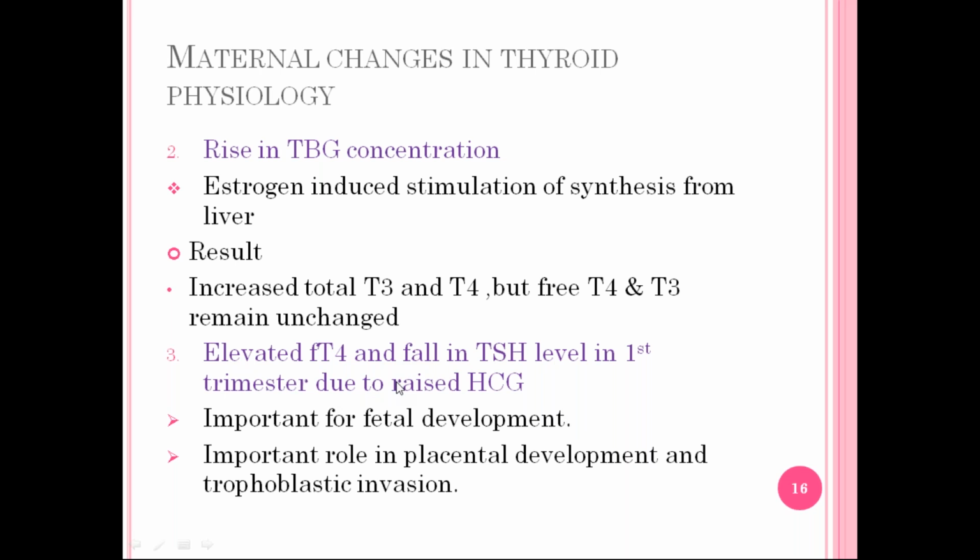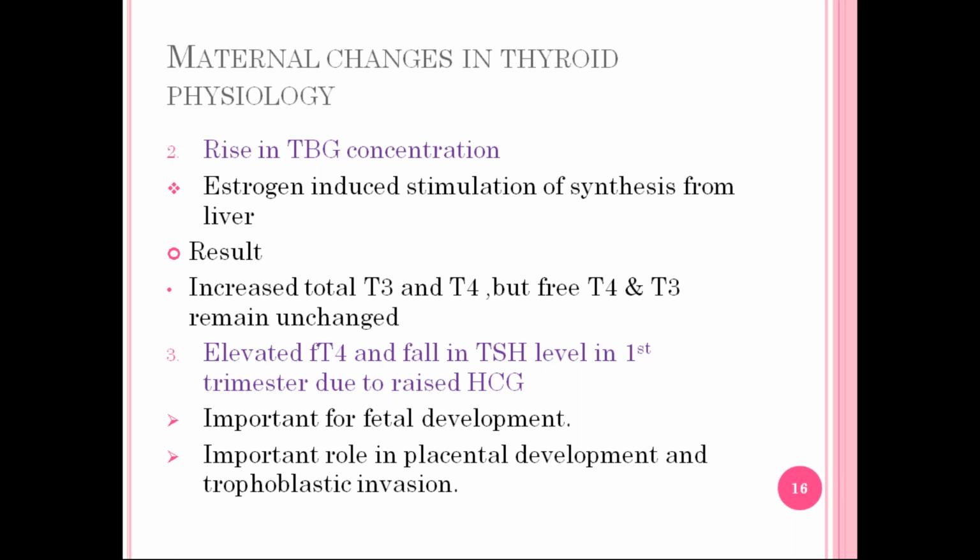I think you have understood now. Normally in pregnancy, thyroid binding globulin is increased because of estrogen induced stimulation from the liver, and because of that the total amounts of thyroid hormones, total T3 and T4, are increased, but the free T4 and T3 are unchanged.